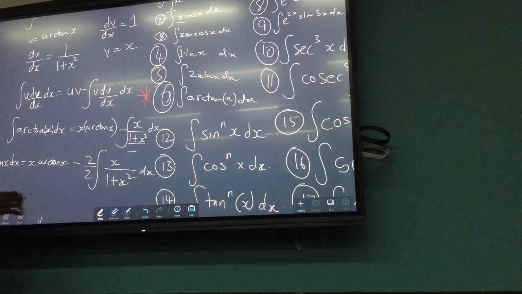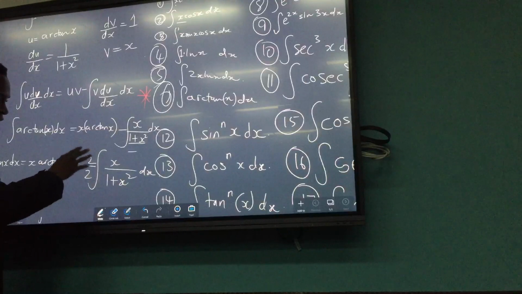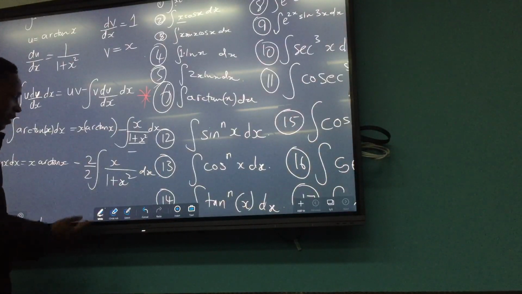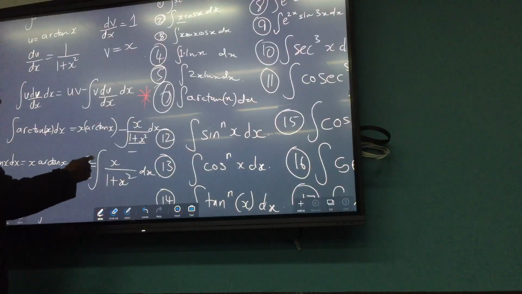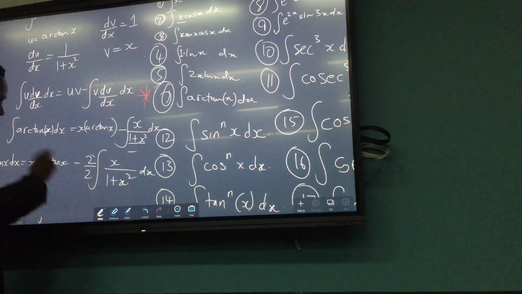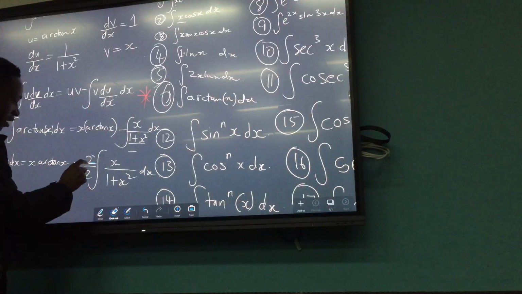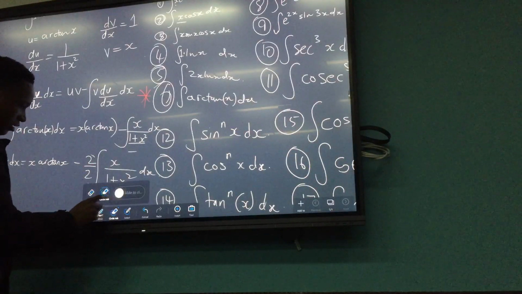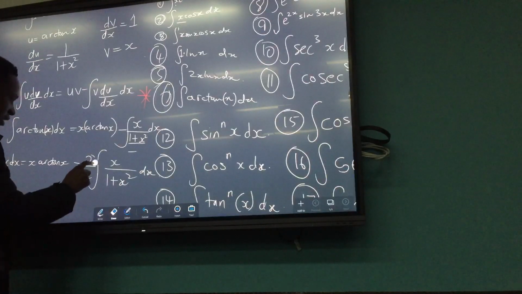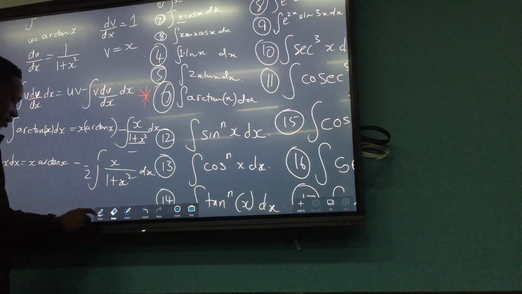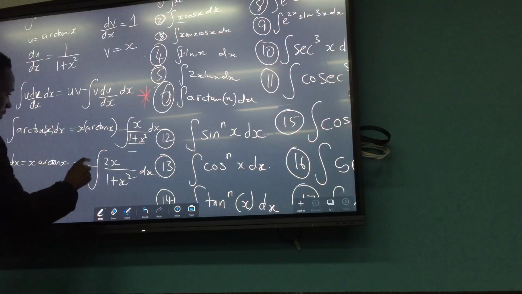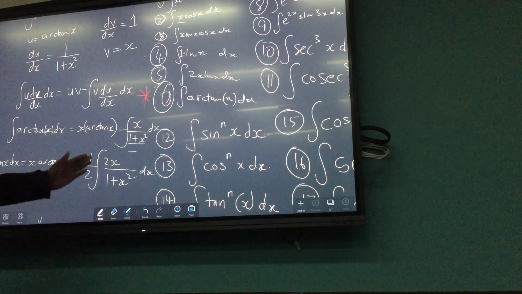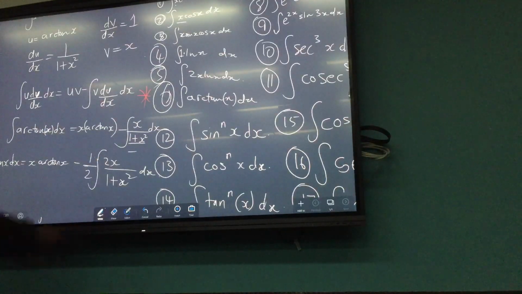If we multiply this integral by 2 over 2, we have changed nothing because 2 over 2 is just 1. So we can put this 2 inside and leave the half outside. So it's half times 2, which is still going to give us that. We have changed nothing.